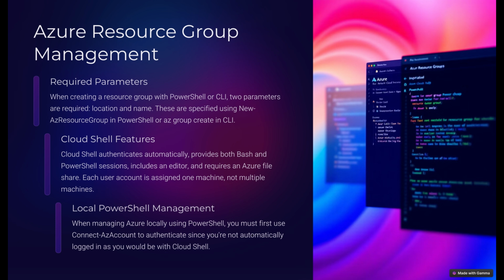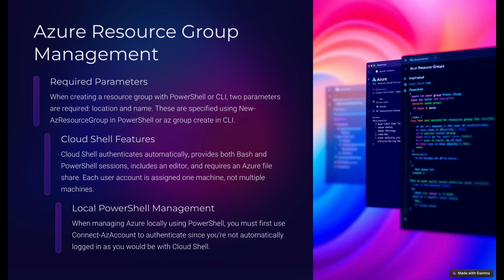Location and name. So location specifies the region where you want to create the resource group, and that's where your resources will live. And the name, well, that's just the name you want to give it. The guide really emphasizes choosing a meaningful name, having a consistent naming convention. It's a key part of good management. If you've got a whole bunch of resource groups and they're all named randomly, it's going to be a nightmare to try to figure out what's what.